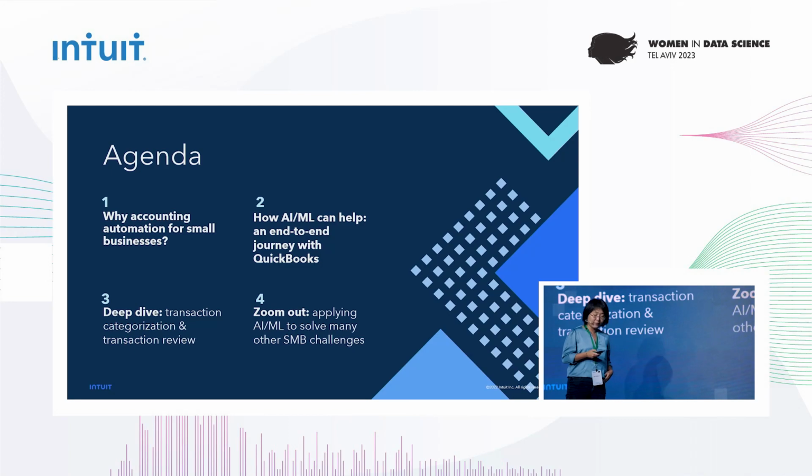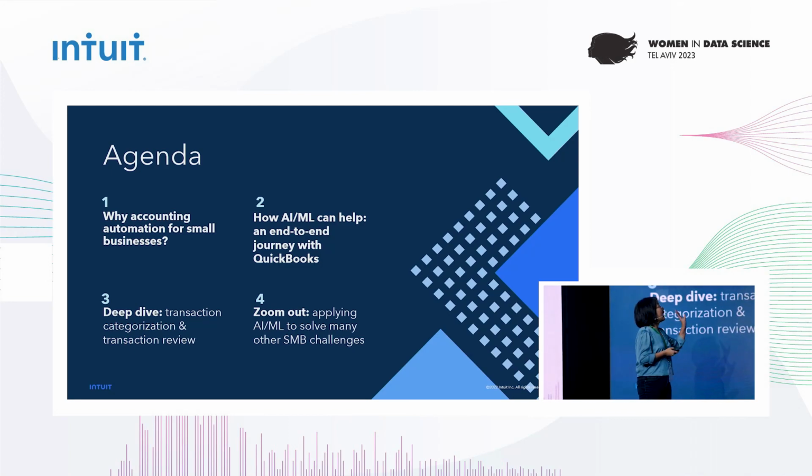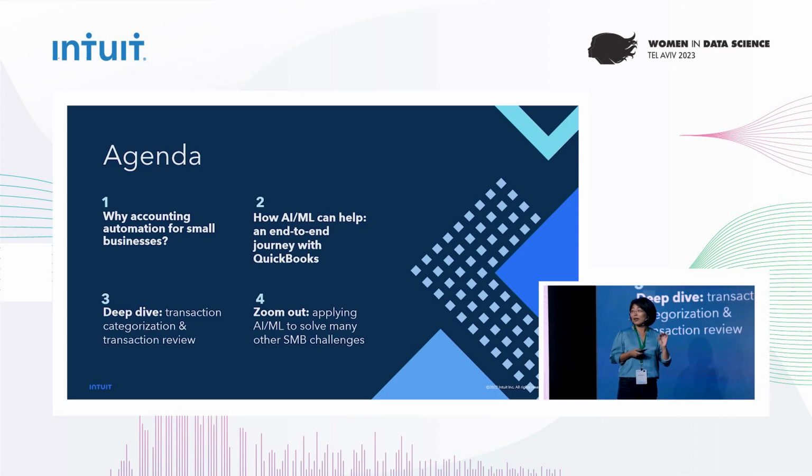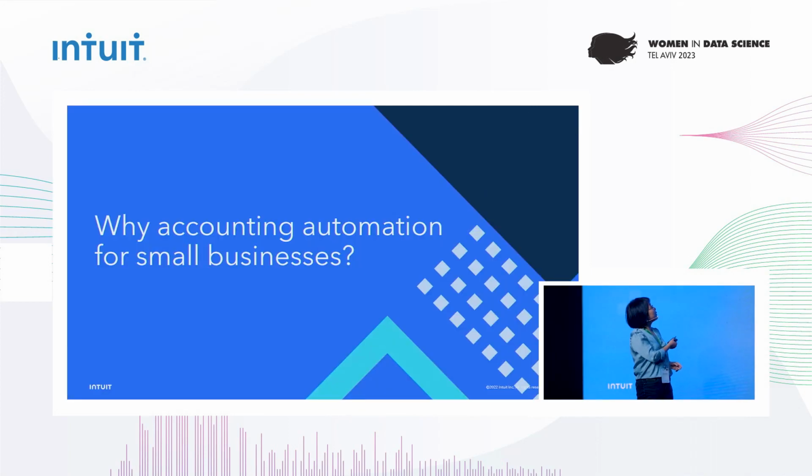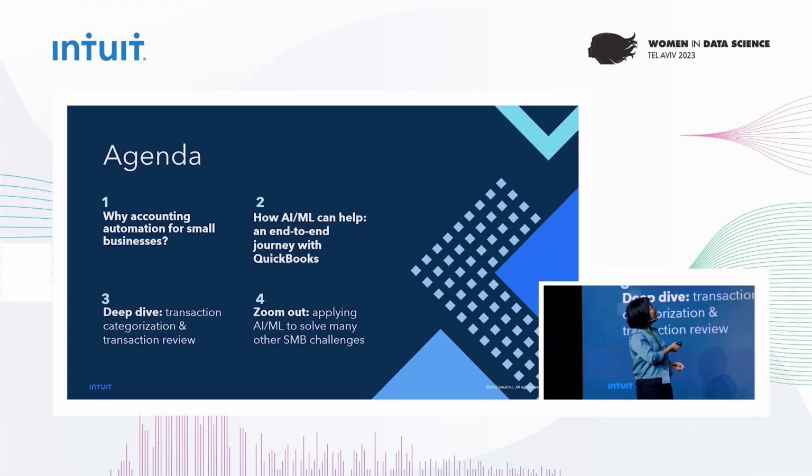I have four sections in my talk. First, I want to show you why accounting automation is necessary for small businesses. Then I'll walk you through our QuickBooks product, take you down an end-to-end journey with QuickBooks, and show you how we leveraged AI and machine learning to deliver this goal.